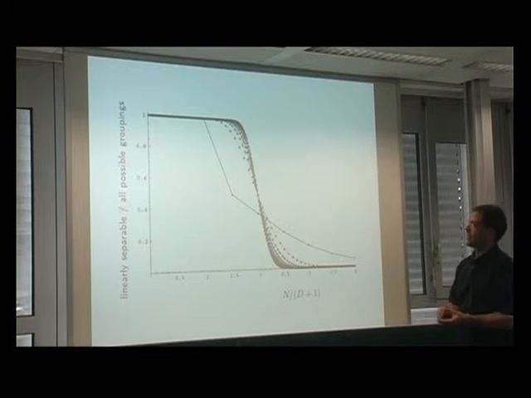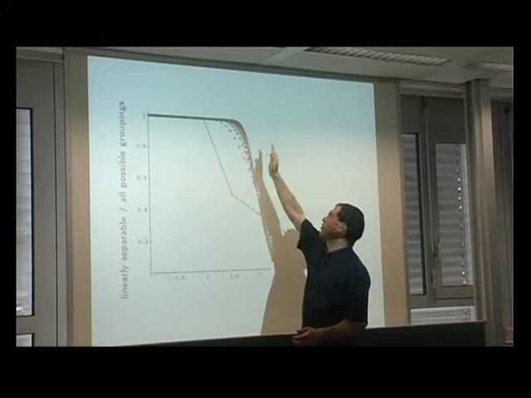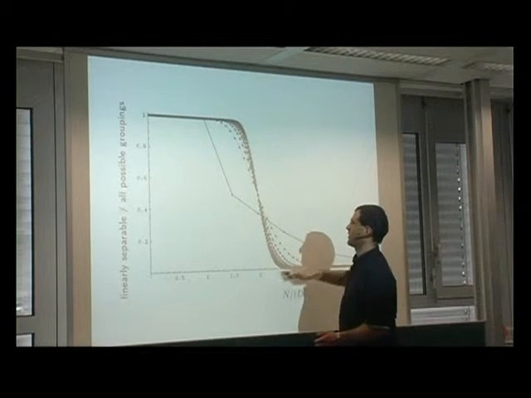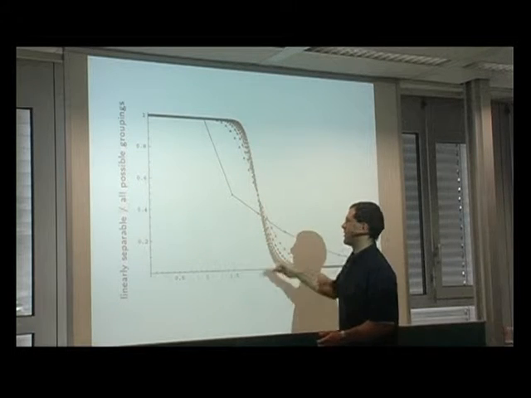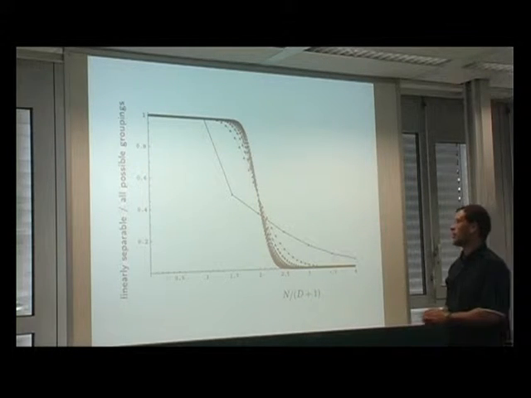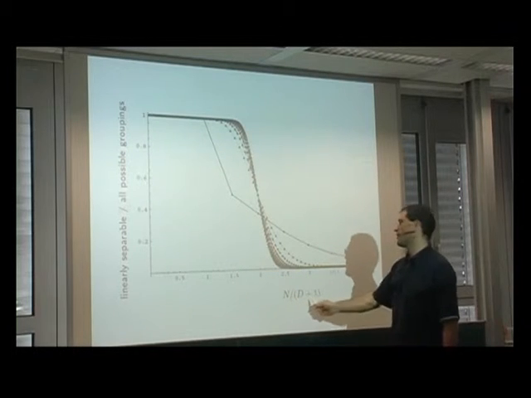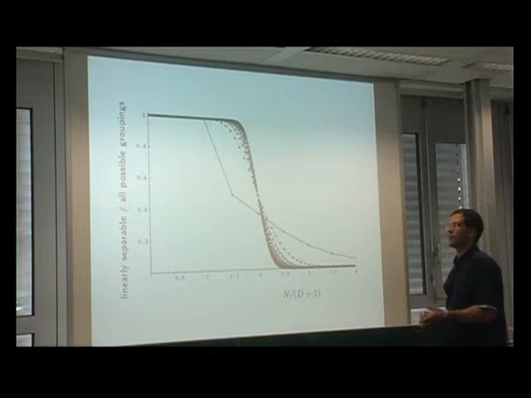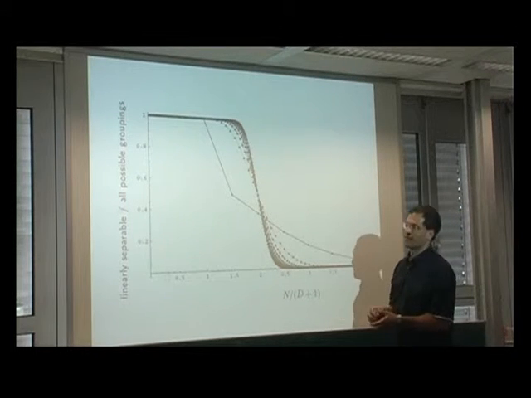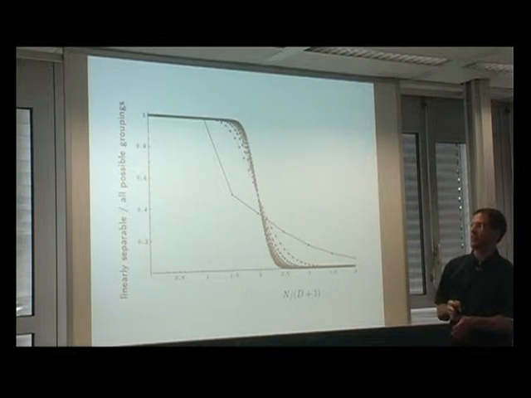And the higher the dimensionality, the closer this curve approximates a step function. What you see in essence is that as long as you have no more than twice as many points as dimensionality, you are able to separate all possible dichotomies with just a linear classifier.